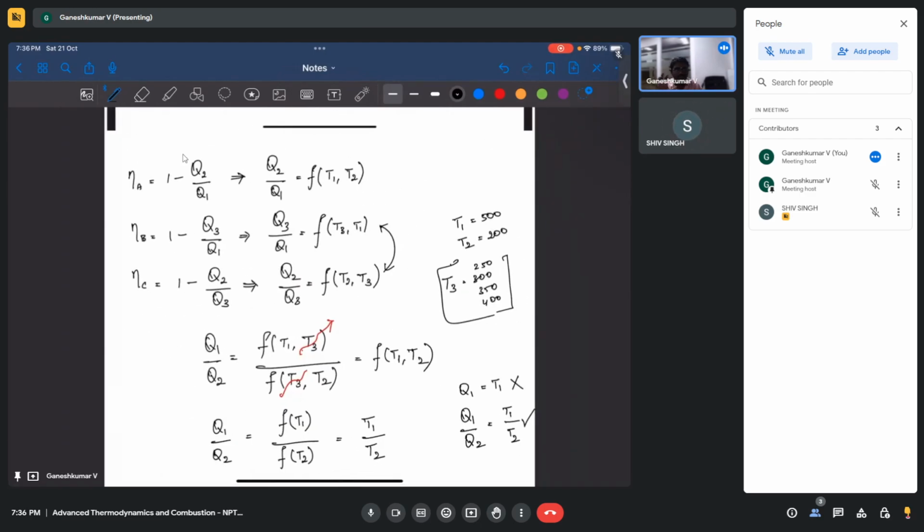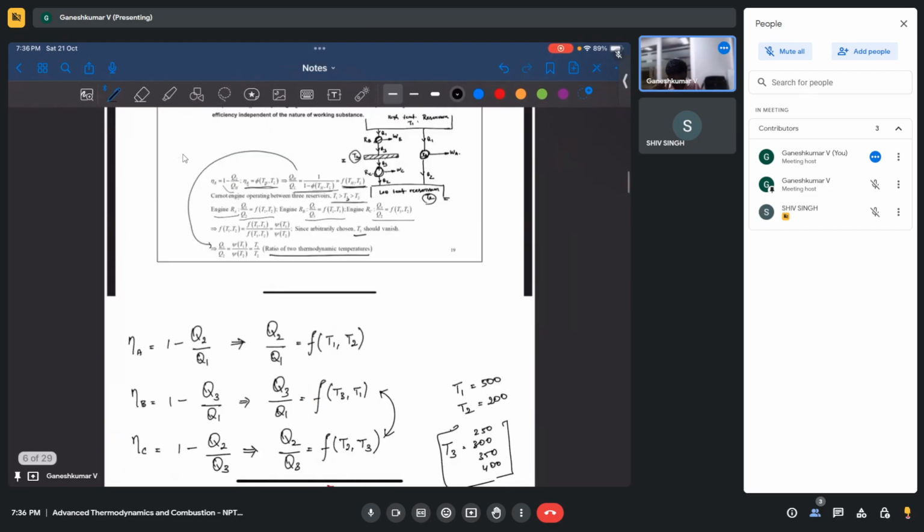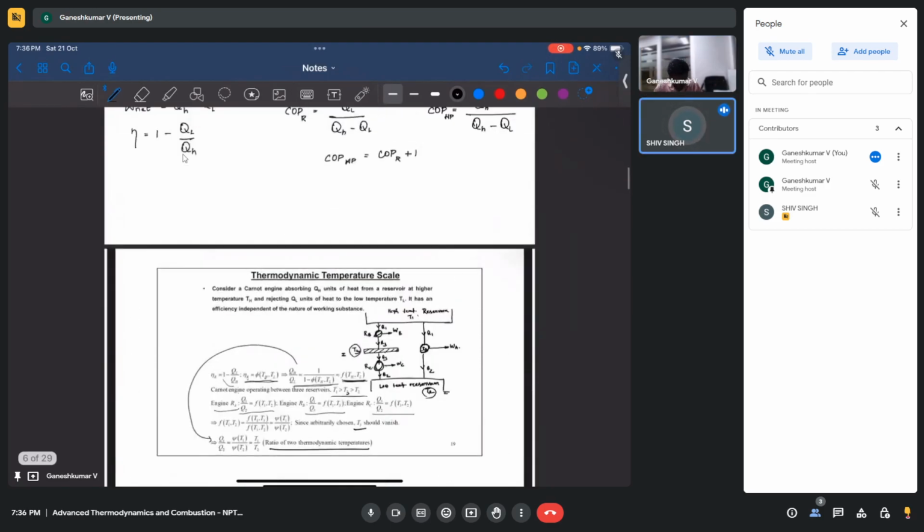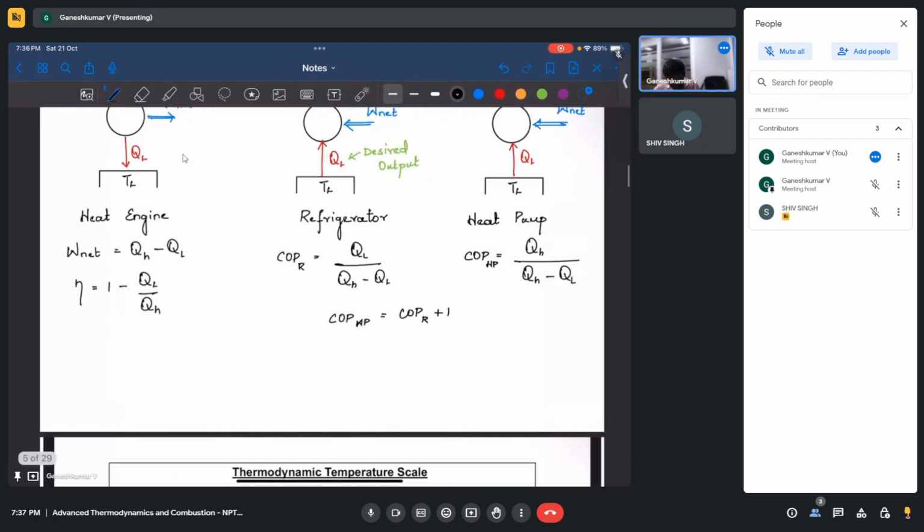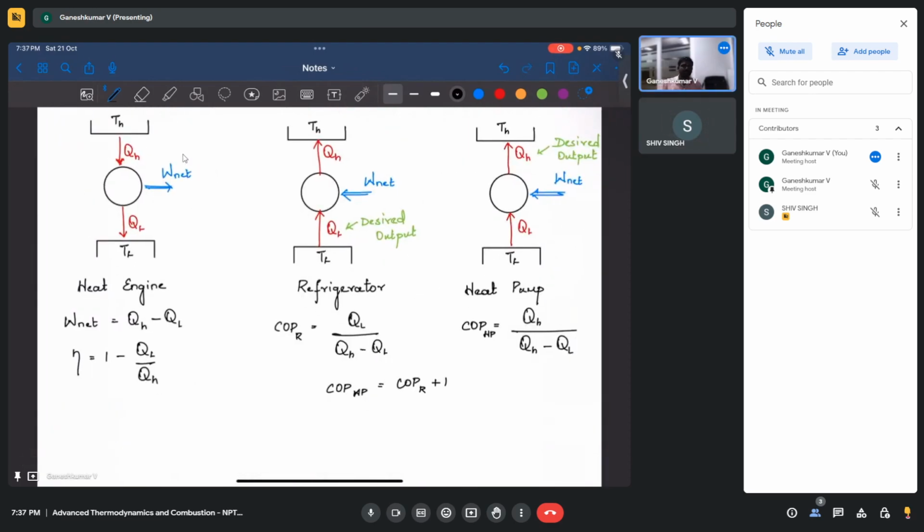This doesn't happen if it is an irreversible engine. So that is where you can replace QL by QH with TL by TH. You cannot replace QL with TL and QH with TH. The ratios can be replaced, but not the individual Qs.